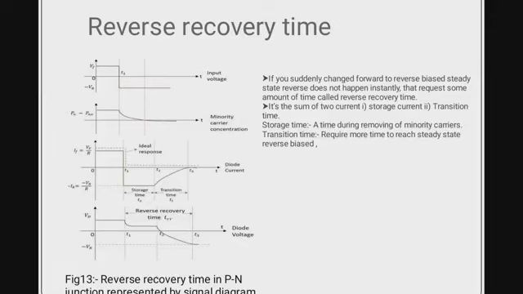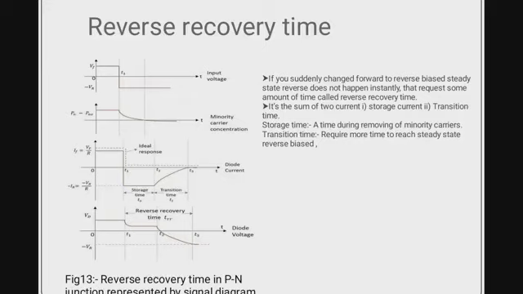Now what is basically happening during the removing of excess charge particles from P side as well as N side, the diode is in conducting state. That means the diode is in on state. But the excess minority carriers are very large.